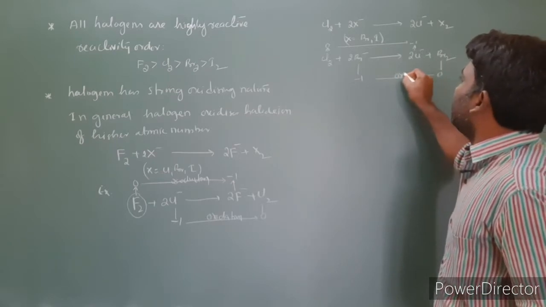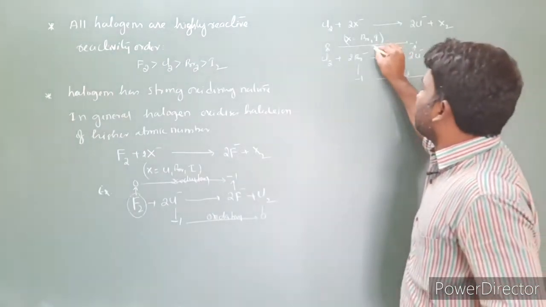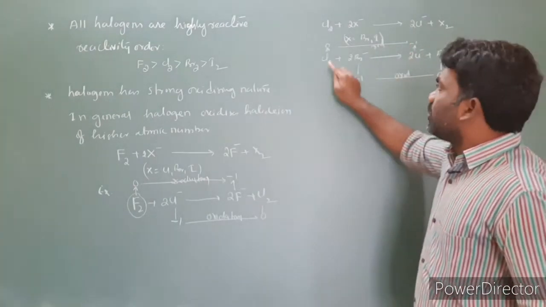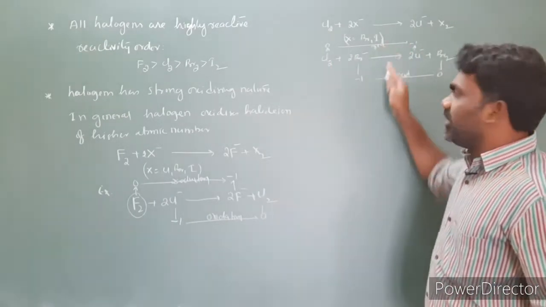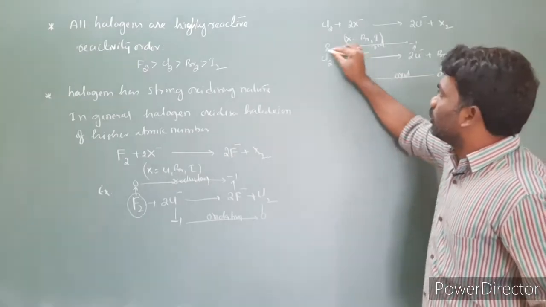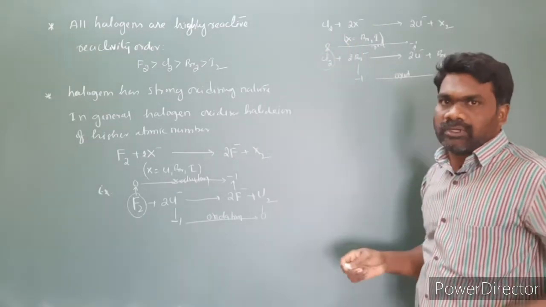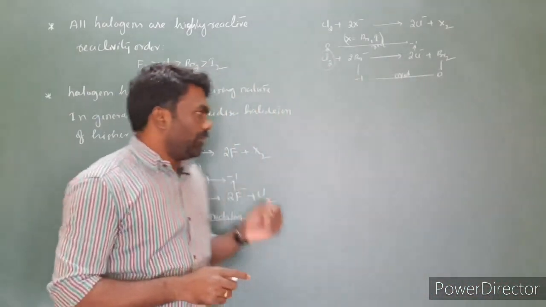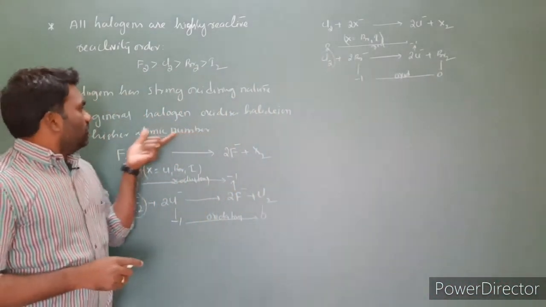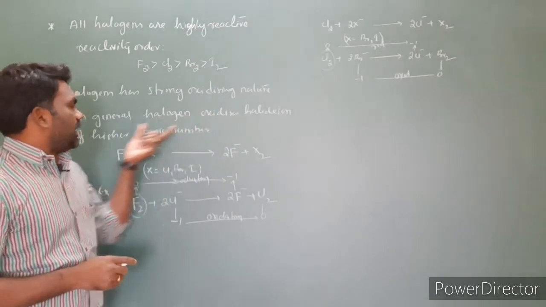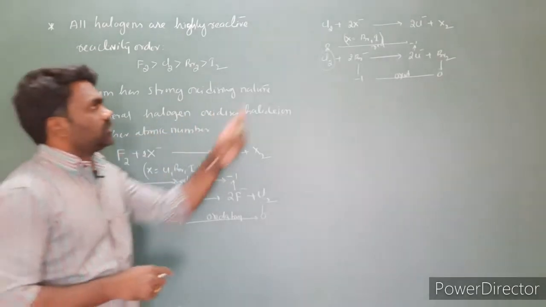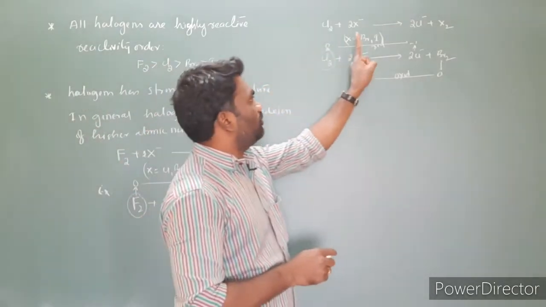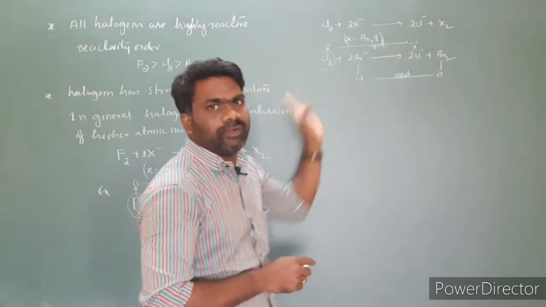Increasing oxidation number is oxidation, and decreasing is reduction. Here chlorine undergoes reduction and makes bromide oxidize. So chlorine is an oxidizing agent. Of course all these halogens are oxidizing agents, and the point is that a halogen oxidizes a halide ion of higher atomic number. So chlorine can oxidize bromide and iodide.